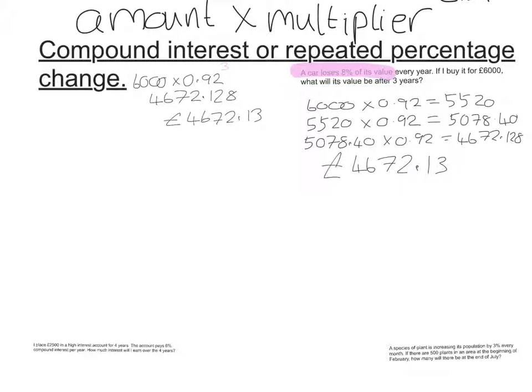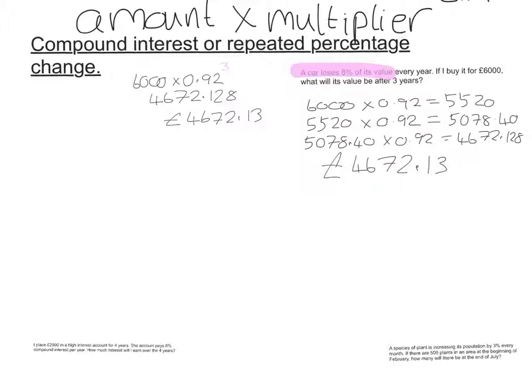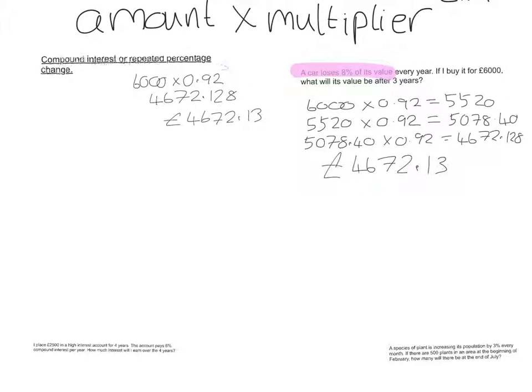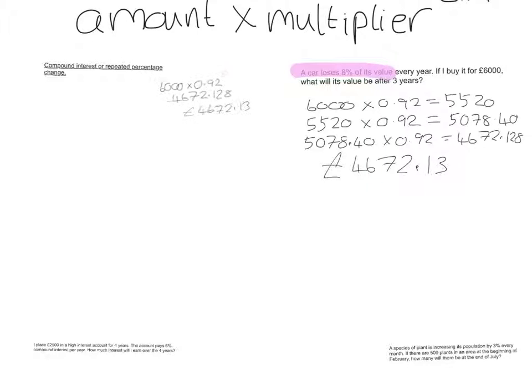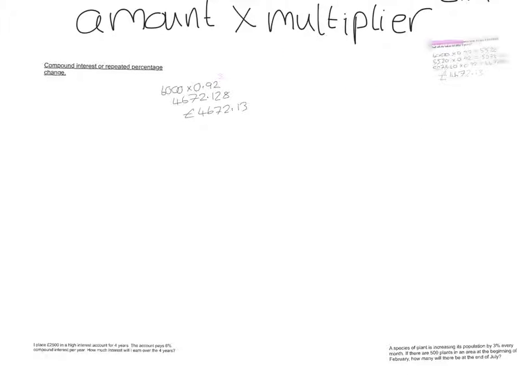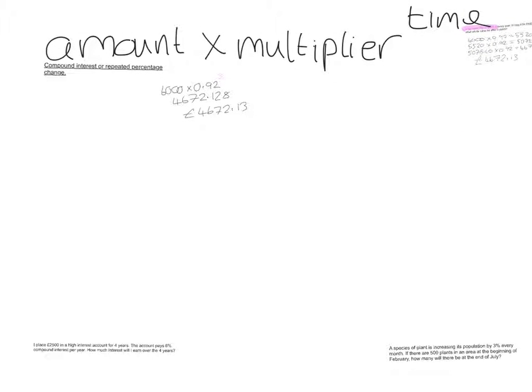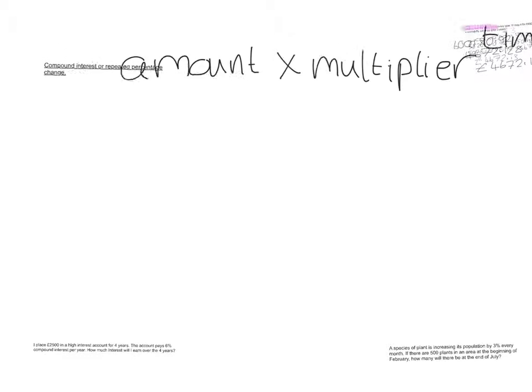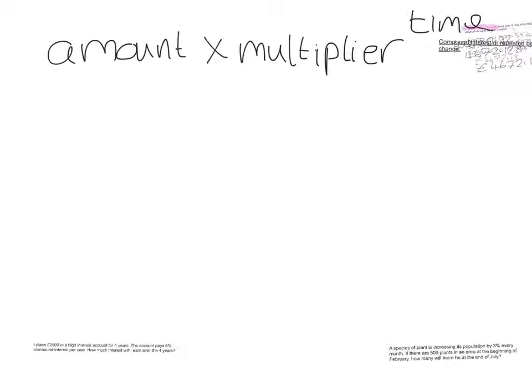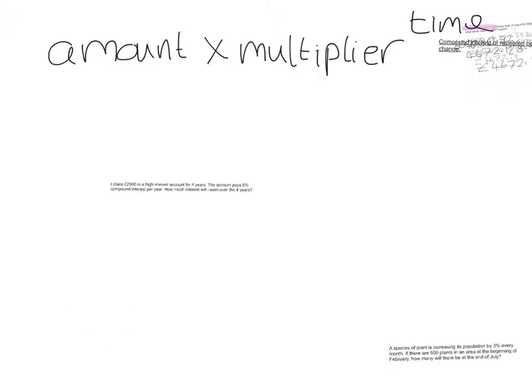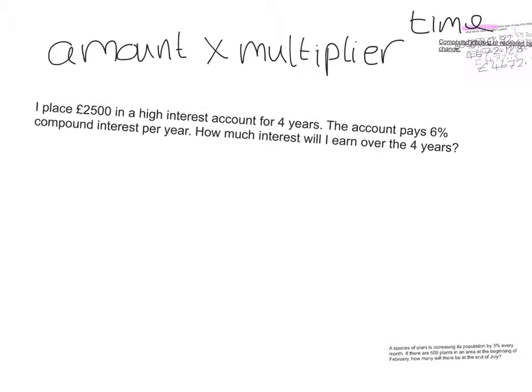Now, if we consider another example, we'll just move all of that extra information out of the way, keeping our formula at the top there. So if I look at this example, this one is just a compound interest example.